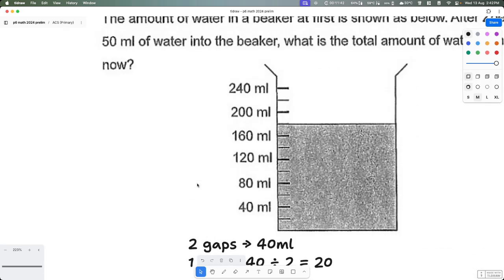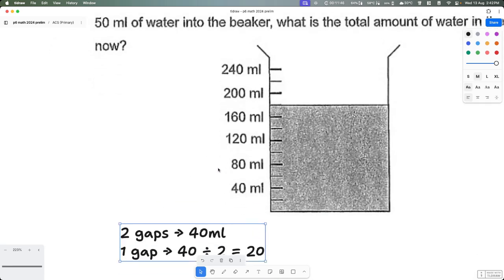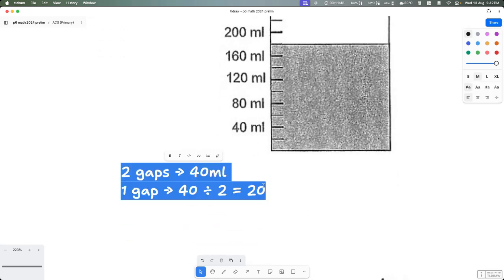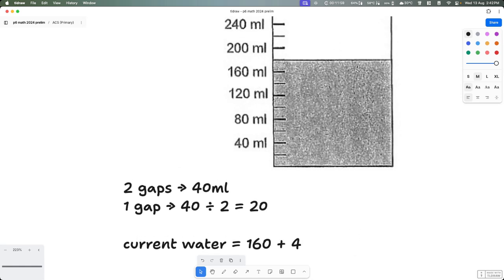So from here, we know that current water is equal to 160 plus 20. Sorry, 20, not 220. It's equal to 180.